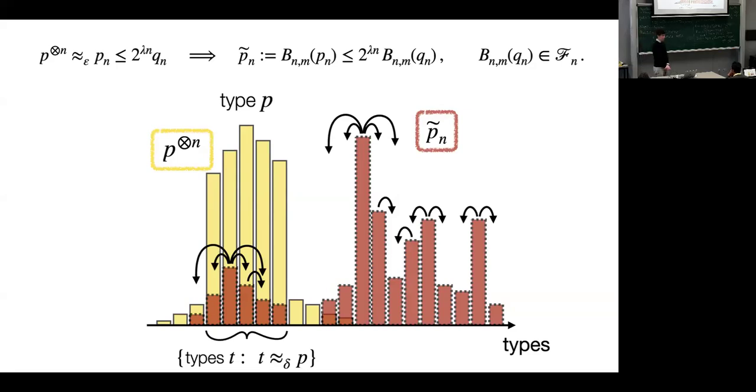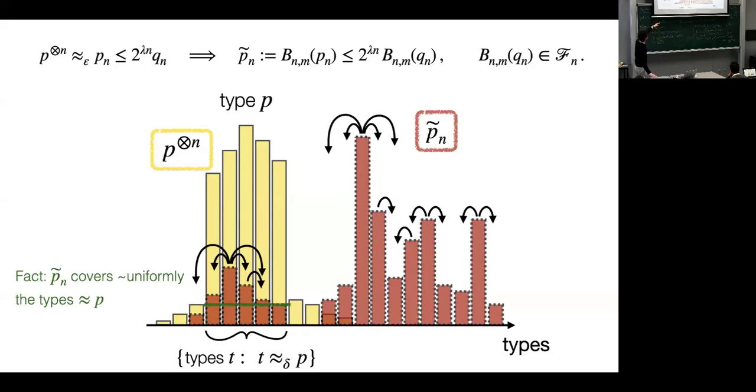Okay. So I tell you what we don't care about. We don't care about what happens on this side. We care about what happens here. Because of this spillover, P tilde n, the blurred probability distribution, fills this whole typical subspace with a constant weight.